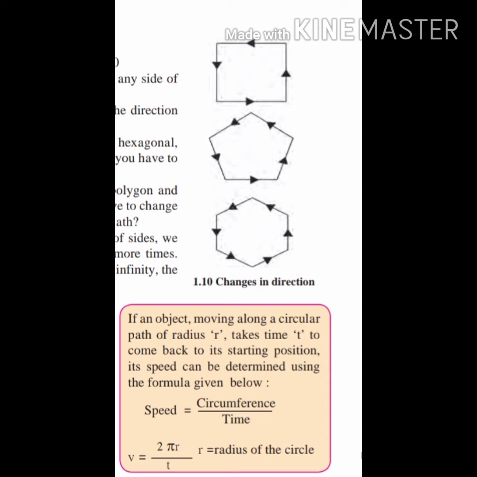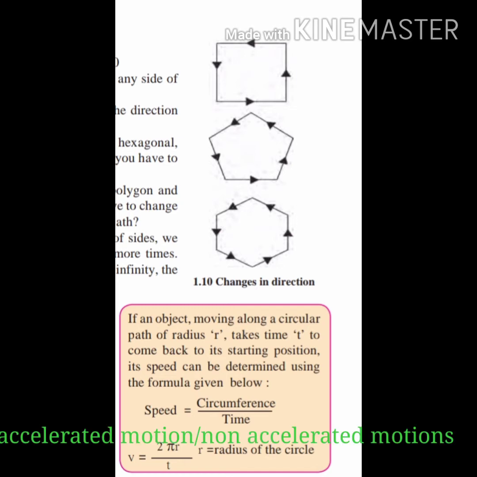So in a circle, at each point, the direction of the velocity of the moving object is changing. So which kind of velocity is it? Is it accelerated velocity or non-accelerated velocity?